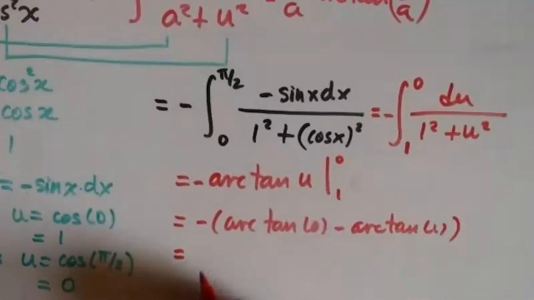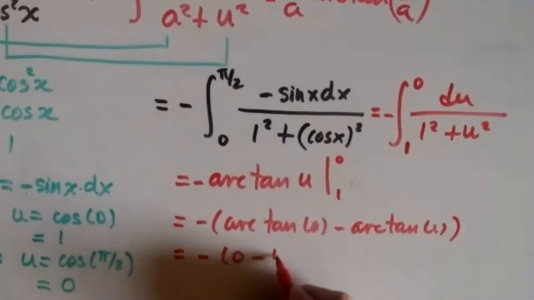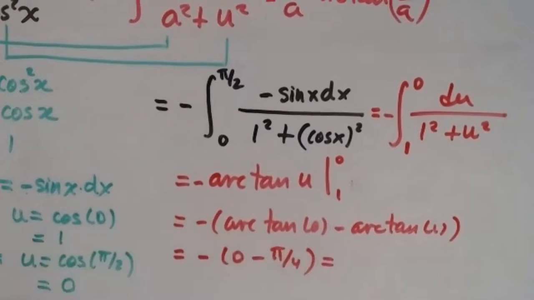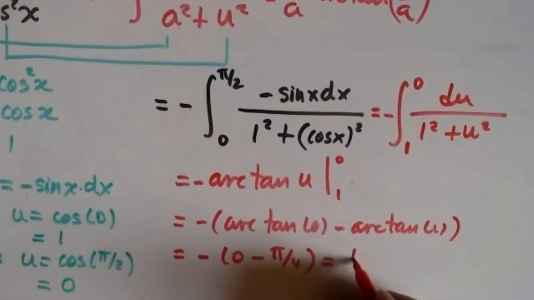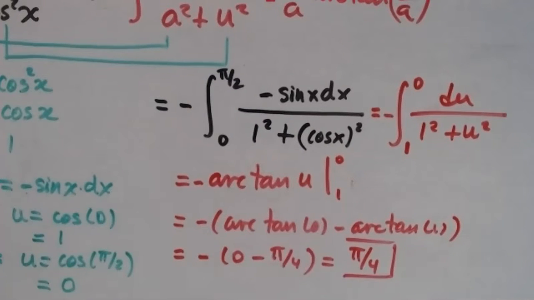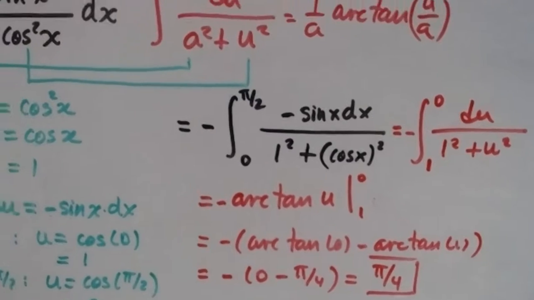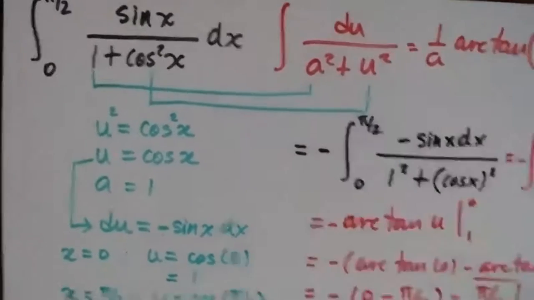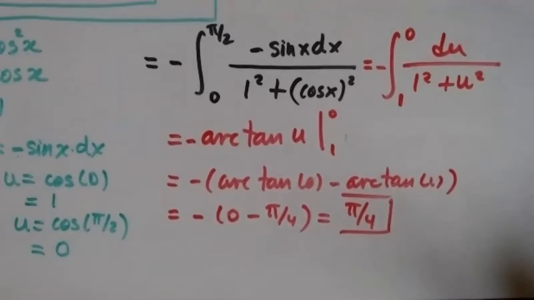Right here I have the tangent of 0 is 0, and the tangent of 1 is pi over 4. So minus 0 minus pi over 4. And then this number is going to be pi over 4. Okay, and again, this is the final answer.